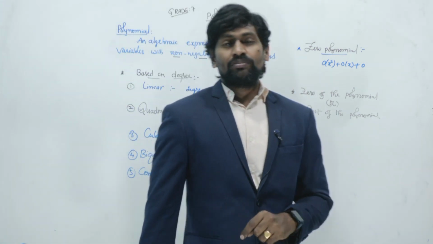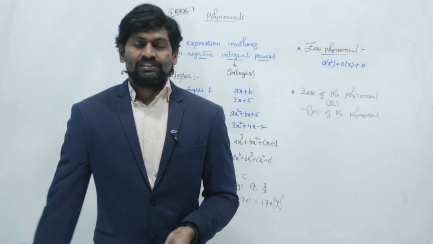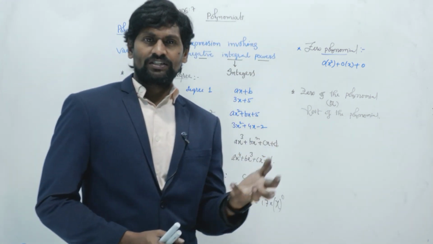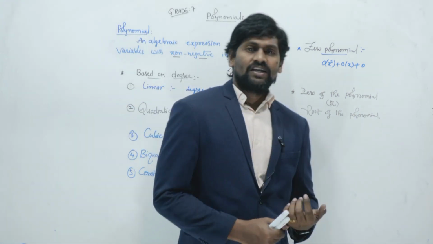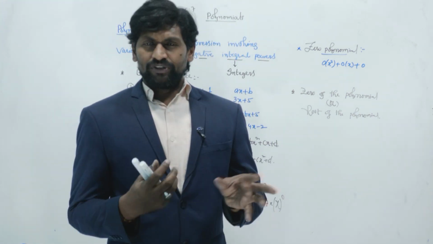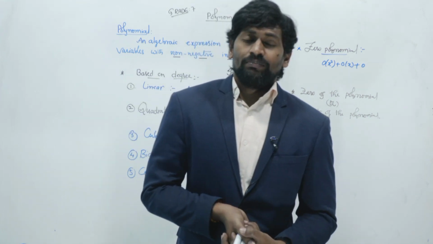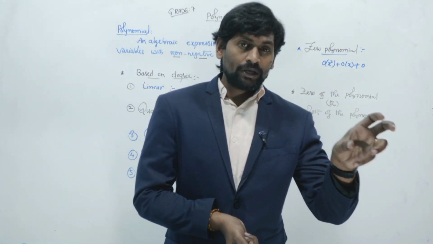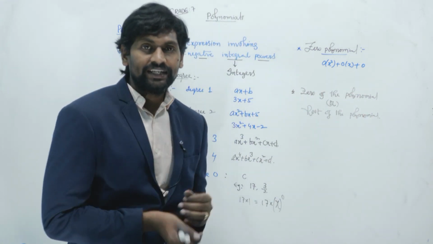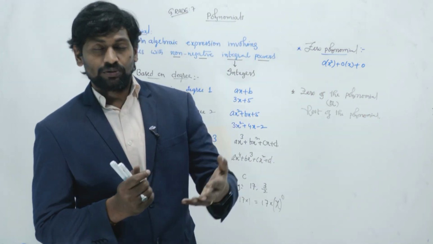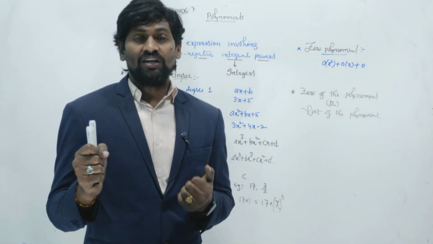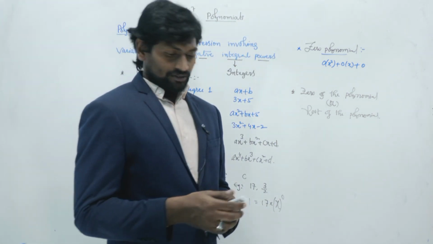Now coming to zero of the polynomial, or root of the polynomial. If you take any polynomial like 3x plus 5, 4x minus 5, 3x square plus 5x minus 6, there will definitely be a certain value at which the entire polynomial becomes 0. That value is called zero of the polynomial or root of the polynomial.